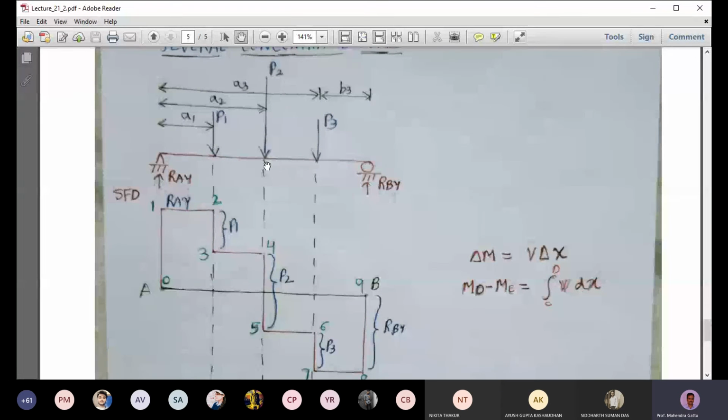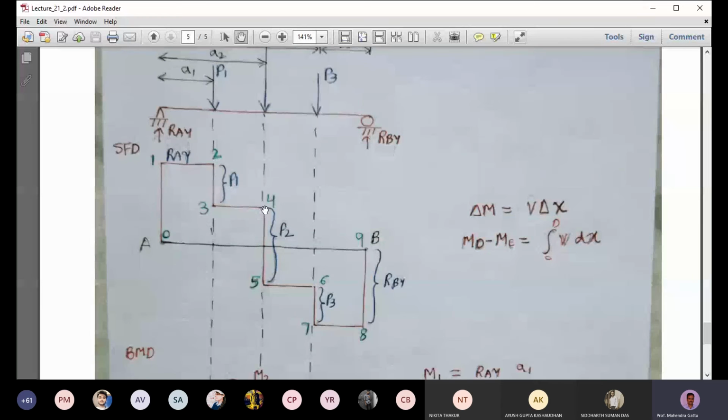Once we reach this section, there is a concentrated load P2 acting downwards. So from point 4 we'll move by an amount of P2 in the downward direction. It depends: if P2 is very high, the sign may go from plus to minus. In this case it is very high, so it is going into the negative, below the axis.